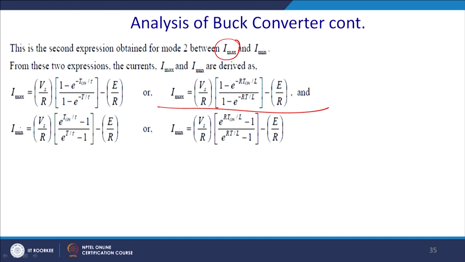Similarly, I min you can have the expression Vs by R, e to the power T on by tau minus 1 over e to the power T by tau minus 1, or you can have these expressions. So, these are the currents varying between I max and I min in case of the step down chopper with thyristors, or the buck converter feeding an RLE load.